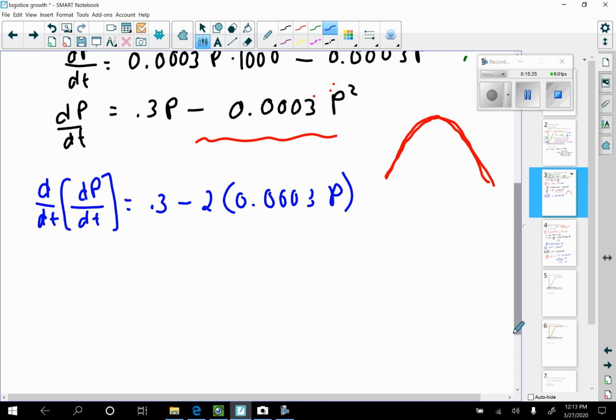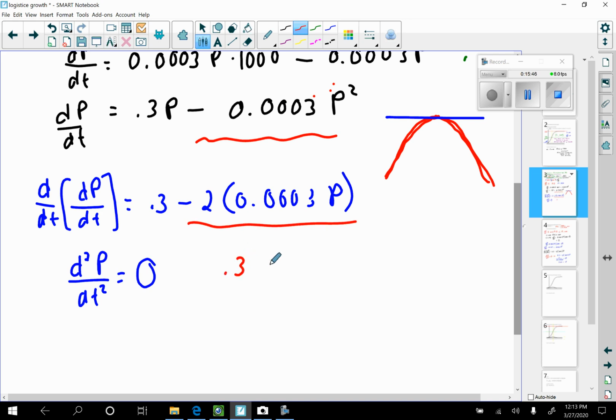And now I want that thing to be 0. Where is that thing 0? Because I want to find out where this thing has a maximum. So I'm going to find out where the derivative, i.e. the second derivative, d squared P over dt squared, is 0. That is going to be 0 when 0.3 is equal to 2 times 0.0003p.